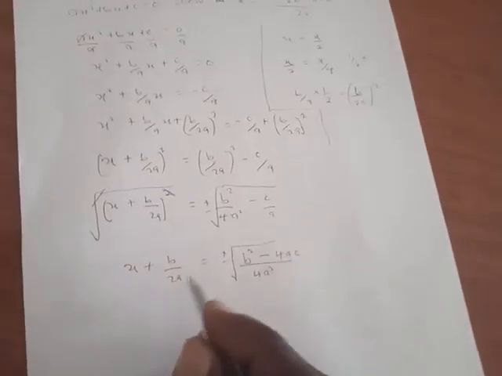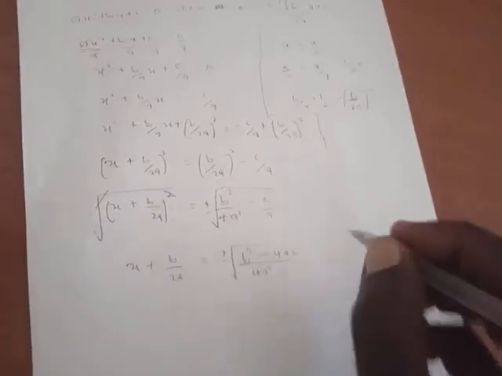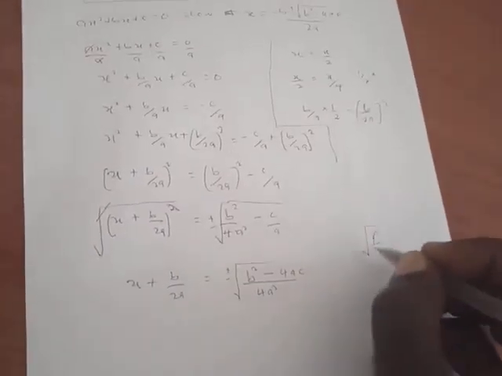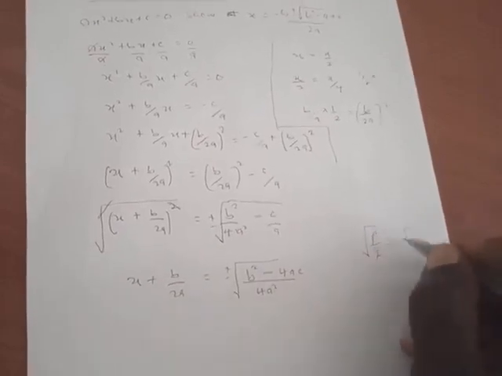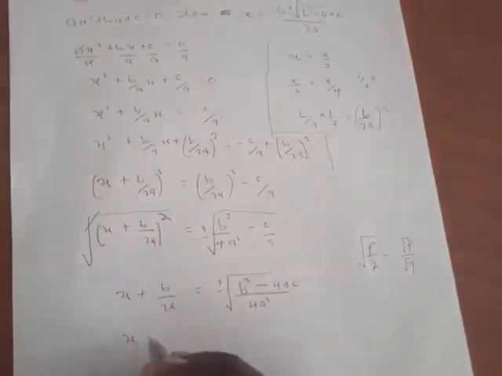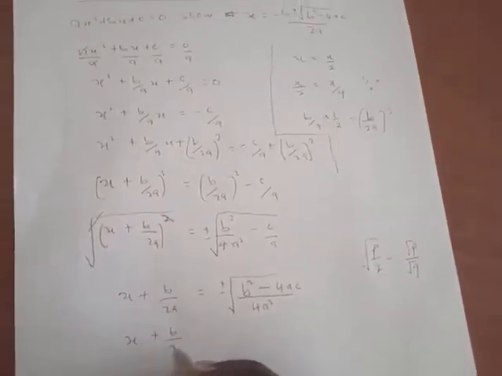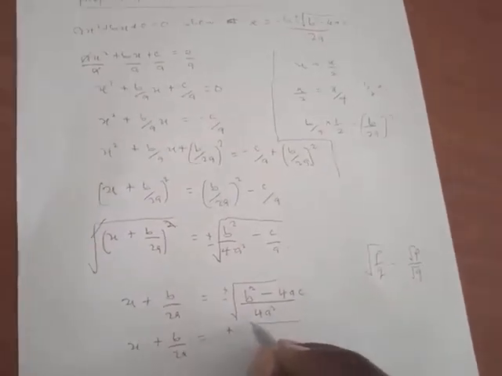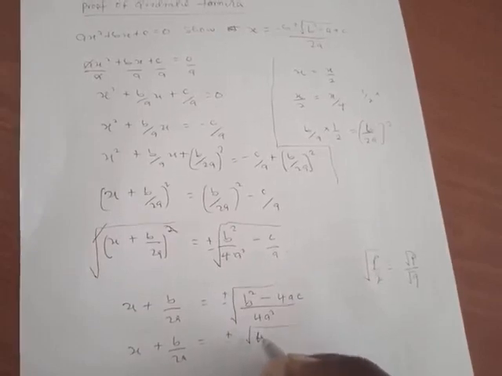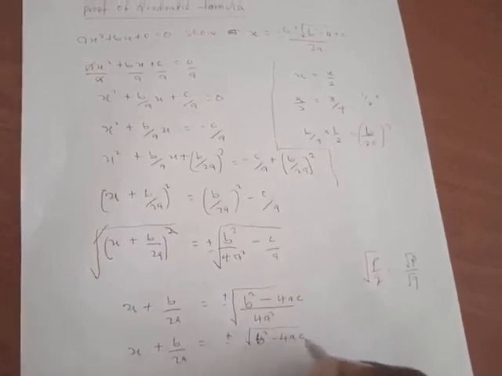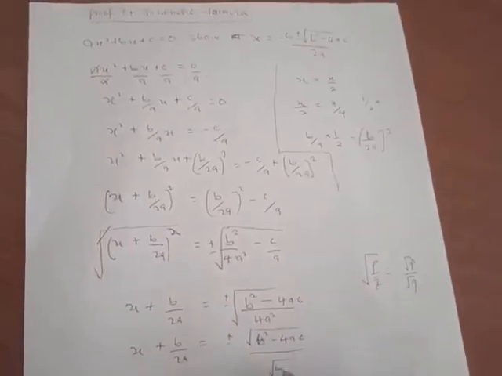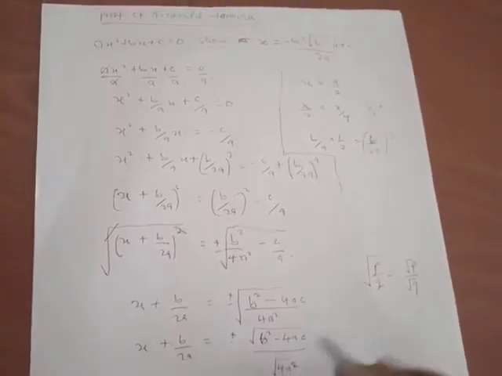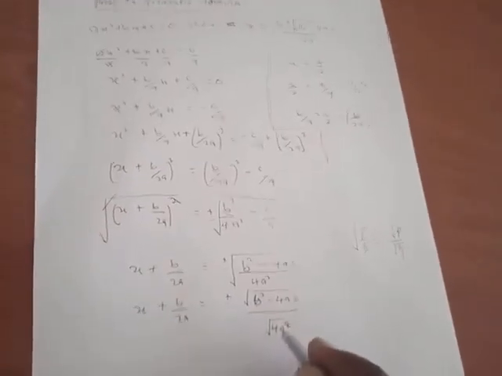You can still take, if you have root of p over q, it is root p over root q, so I can separate numerator and denominator. So I have x plus b over 2a is equal to plus or minus root of b squared minus 4ac over root of 4a squared. And you all know that this is only 2a.